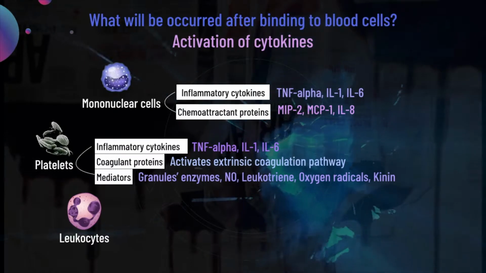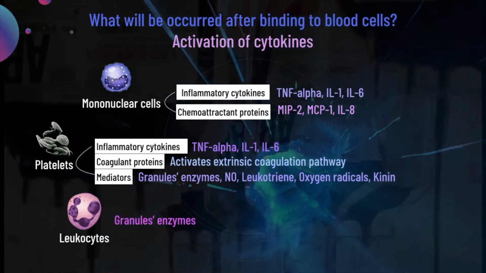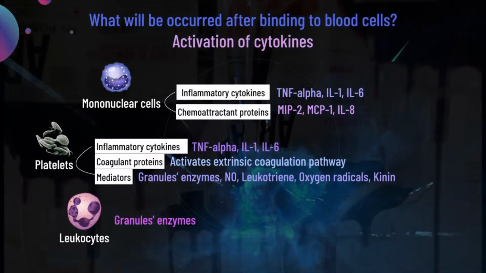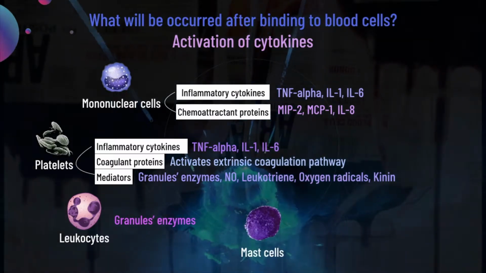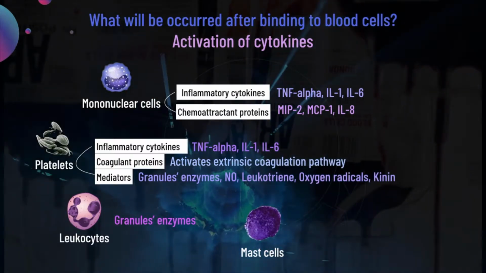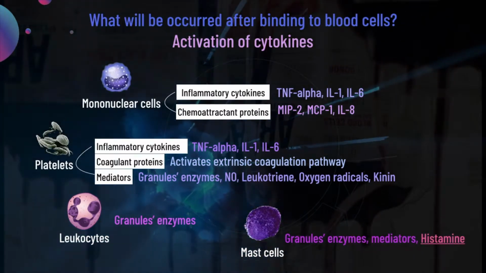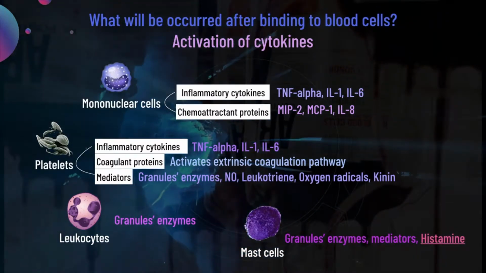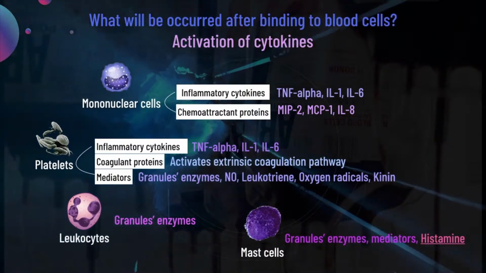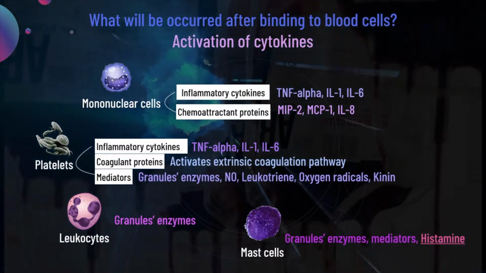Thirdly, leukocytes. After binding, degranulation occurs to release granule enzymes. Lastly, mast cells. After binding, degranulation occurs to release granule enzymes as well as other mediators, especially histamine, that can cause allergic reaction.